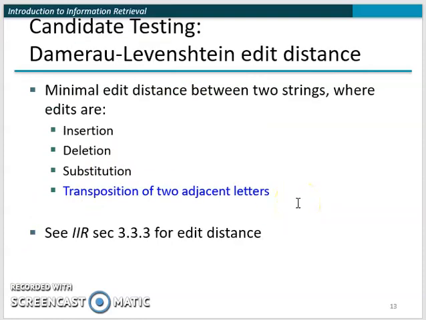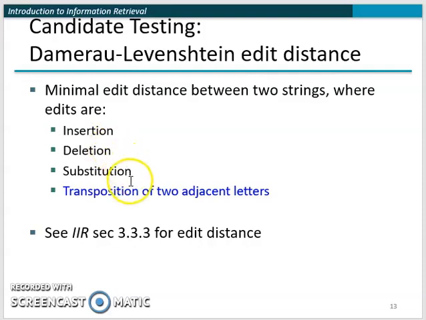Edit distance is the minimum number of edits required to convert one string or word to another word. The minimum edit distance that you have studied so far includes 3 types of edit operations: insertion, deletion, and substitution. You can convert one string to another by inserting a character in that string, deleting a character from that string, or substituting a character in that string.